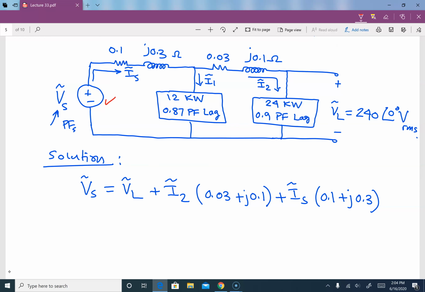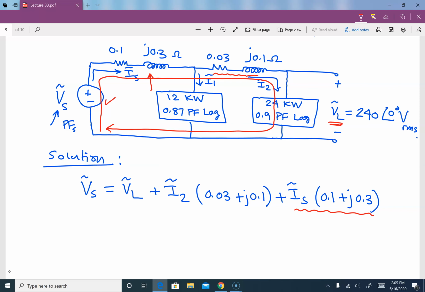If I go with this loop here, I will be able to find that. So our Vs is equal to the voltage drop here, which is Is times 0.1 plus j0.3, then the voltage drop over here, 0.03 plus j0.1 times I2, plus this voltage over here.